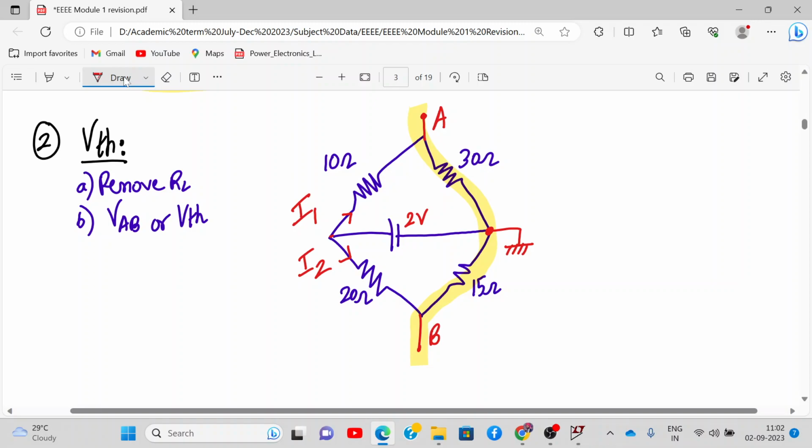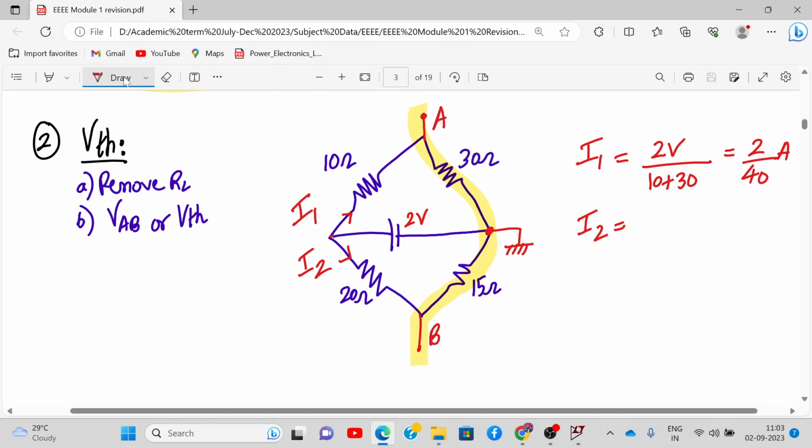Now can you tell me what is I1 and I2? I1 is current flowing in this loop. So what is I1? Voltage divided by total resistance, 10 plus 30. So 2 by 40 amperes. Did you understand? Yes or no?